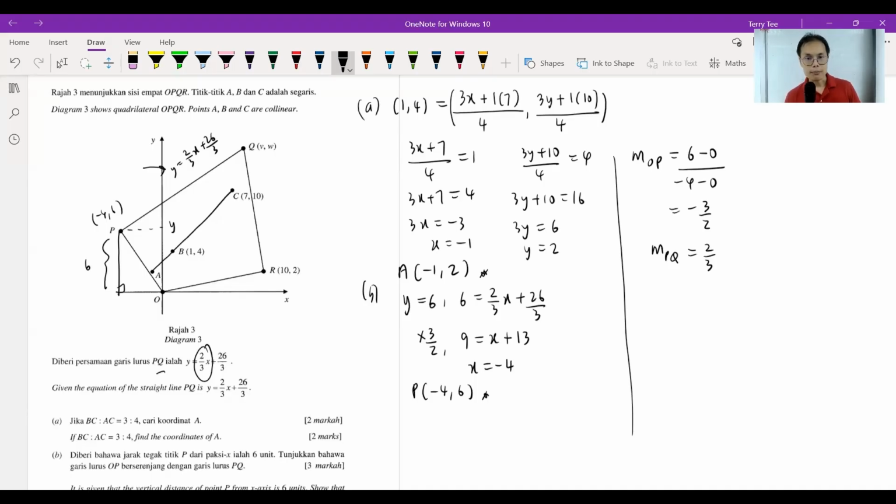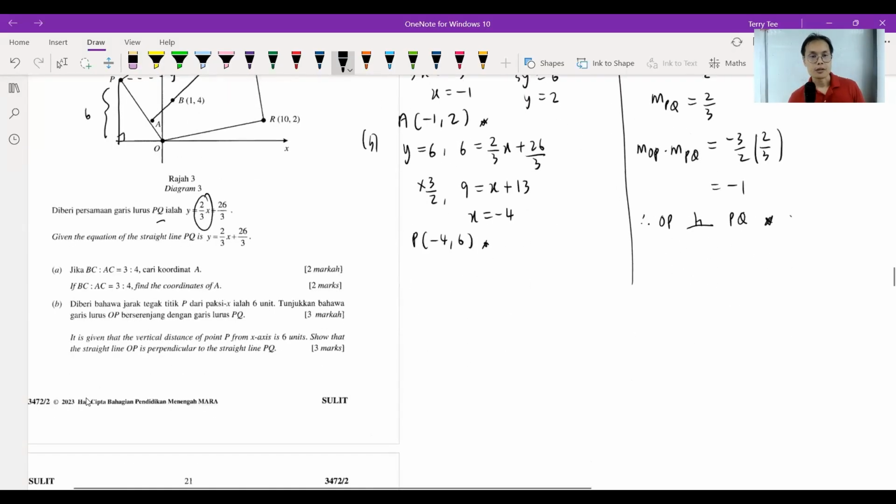To show that they are perpendicular, you take kecerunan OP times kecerunan PQ: -3 over 2 times 2 over 3. You show that it's -1. Therefore, we say OP berserenjang dengan PQ. Berserenjang, you use this short form. Perpendicular, we call it in English. OP is perpendicular to PQ.